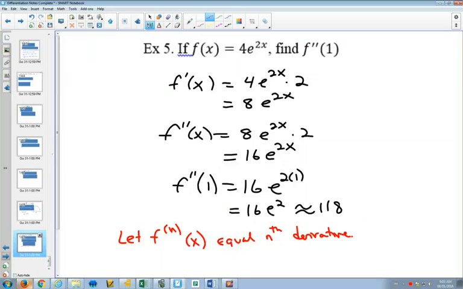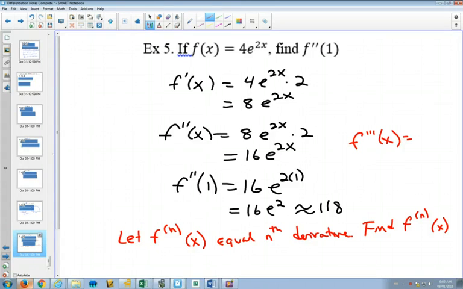What would it look like to find a formula for fn of x? Do you notice a pattern that's happening? If you did the third derivative, what's going to happen?